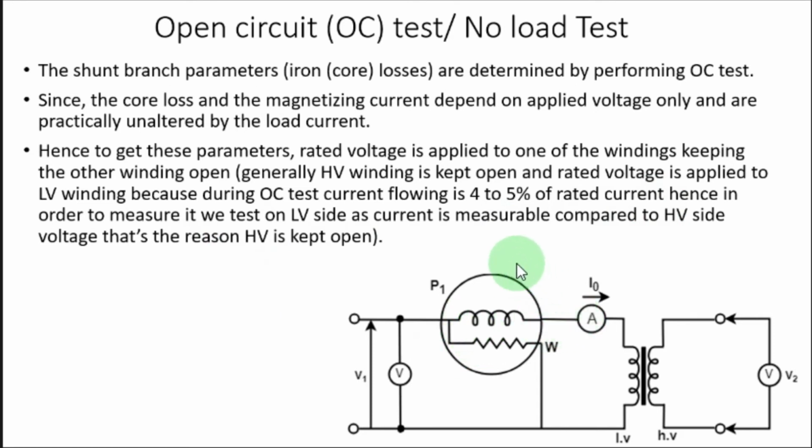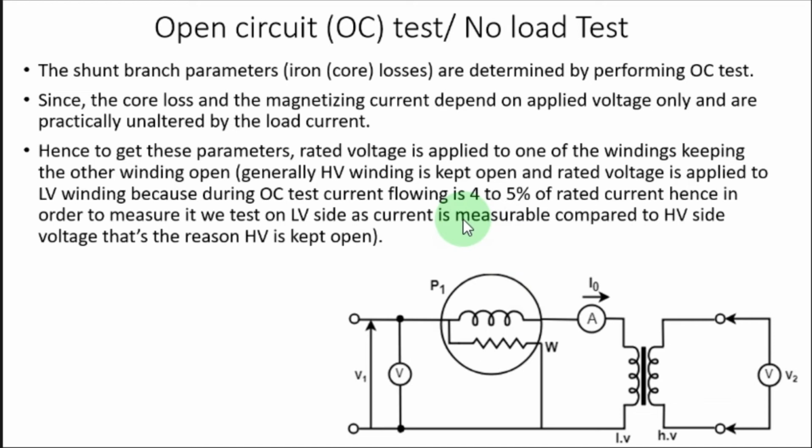Otherwise, if it is 10 amperes, 20 amperes, 30 amperes, like that, we have to have an ammeter which is capable of measuring that big current. But in the laboratories we don't have such meters. Therefore, we open circuit the high voltage side and give the rated voltage to the primary side.